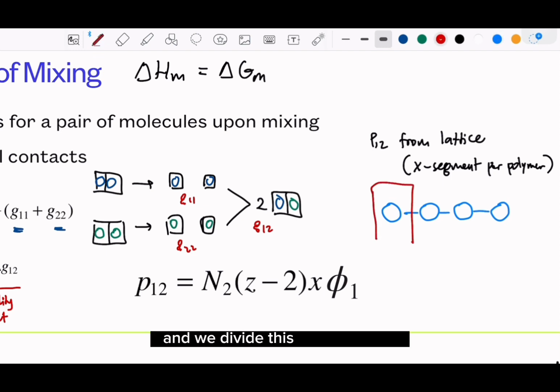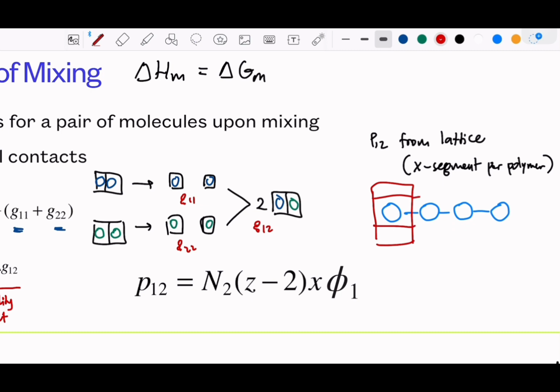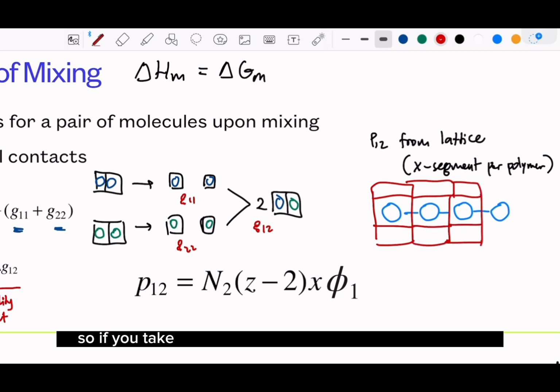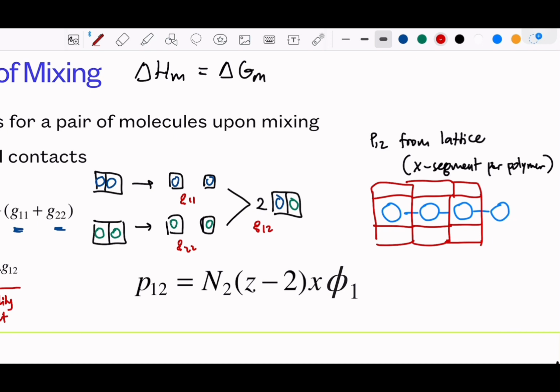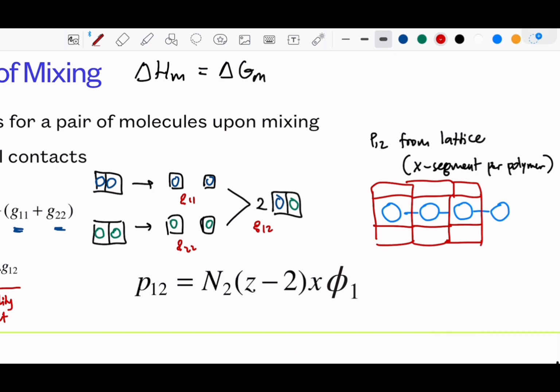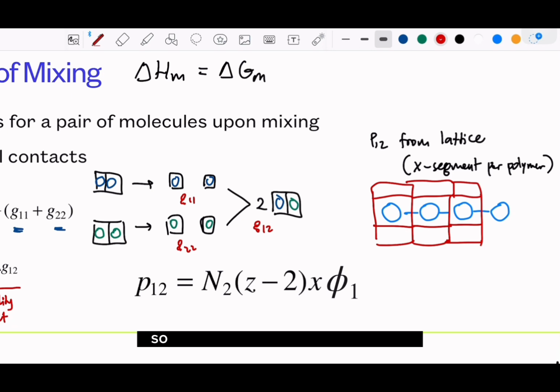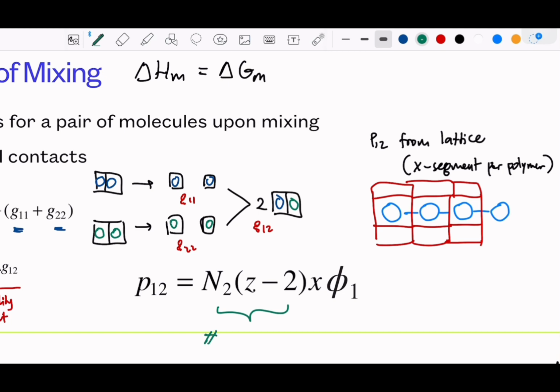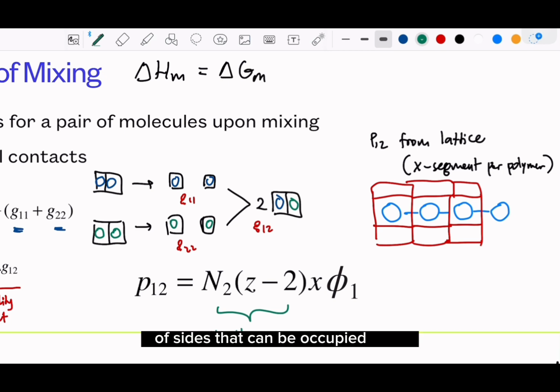And we divide this by the lattice. So if we take one by one these molecules as its monomer, the two adjacent already occupied. So that's why we have probability minus 2. Okay? So this will be reflecting the number of sites that can be occupied. Okay.